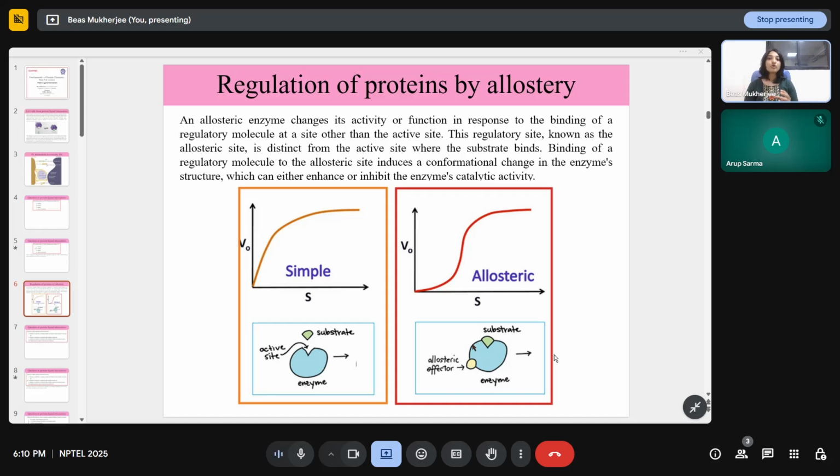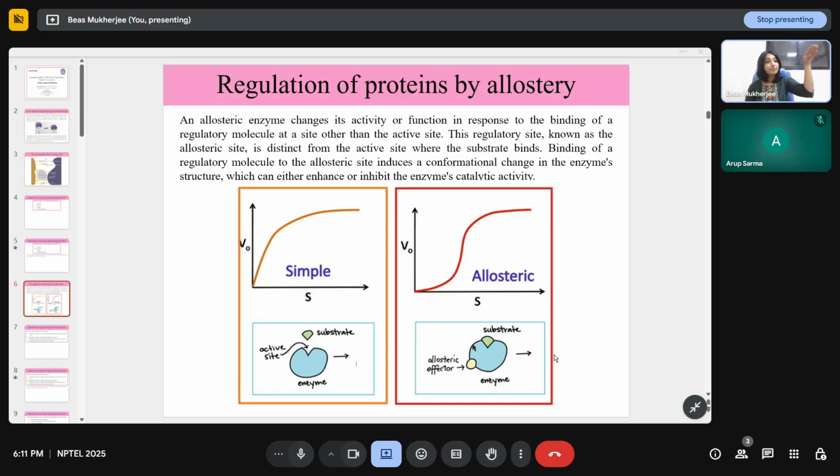Binding of a regulatory molecule to the allosteric site induces a conformational change in the enzyme structure, which either enhances the activity of the enzyme or reduces its catalytic activity. Another thing: if you look at these graphs, with increasing substrate concentration, the activity of the enzyme initially increases and then gets saturated, so it undergoes a saturation phase.